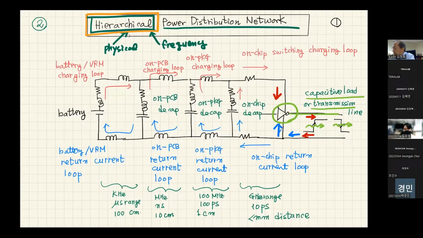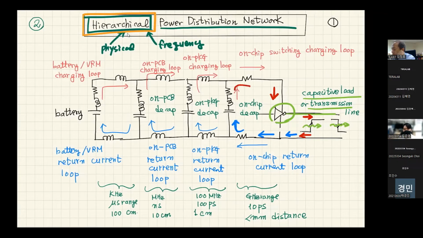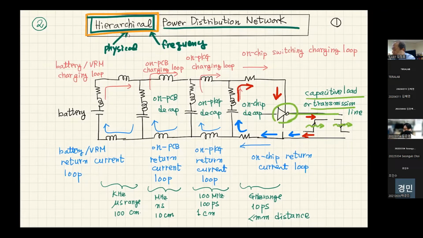I'm not going to go very deeply into this current issue because I don't want to confuse you. So this switching current, the return switching current, has to go back to the decoupling capacitor.